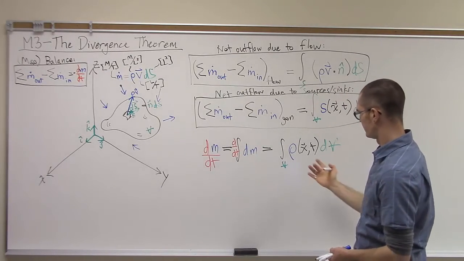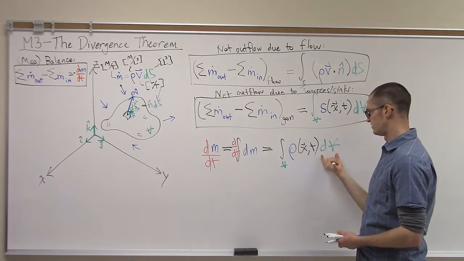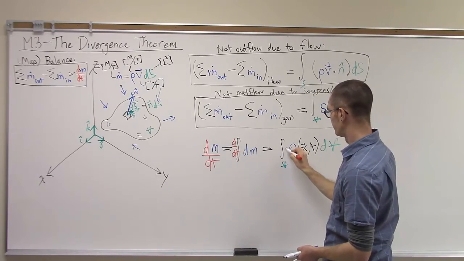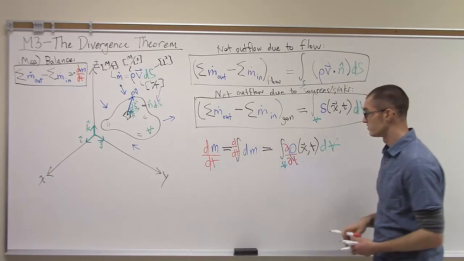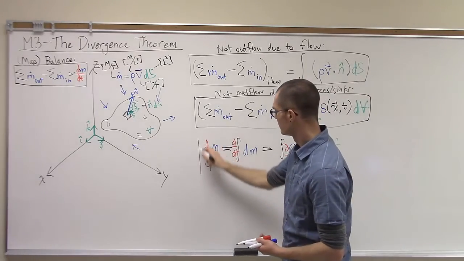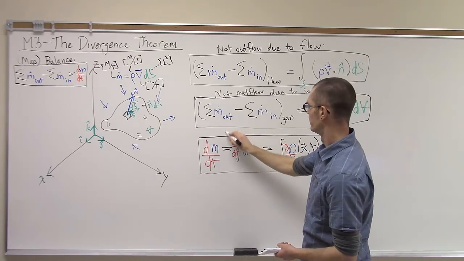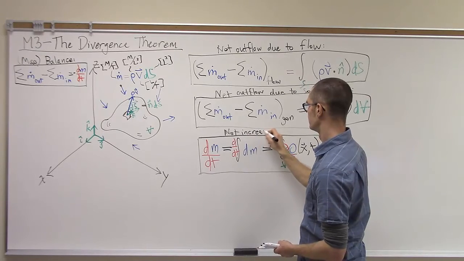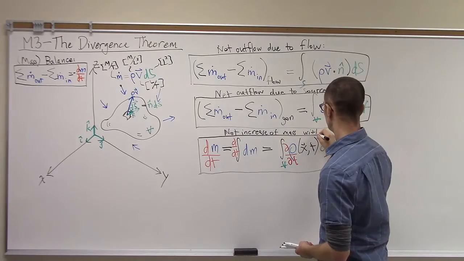And since the only component here that's giving us mass is dV, just a small piece of the volume, this integral I can get by taking the integral of the partial derivative of concentration with time over the whole volume. So this is the net increase of mass with time.